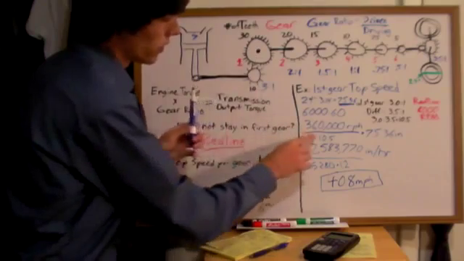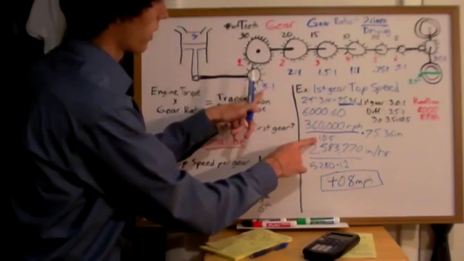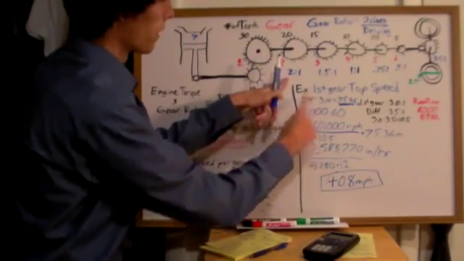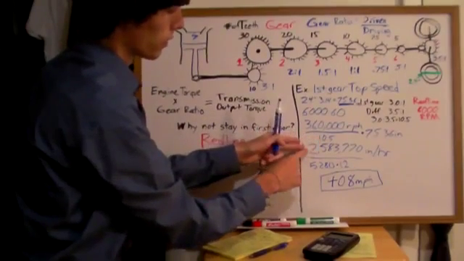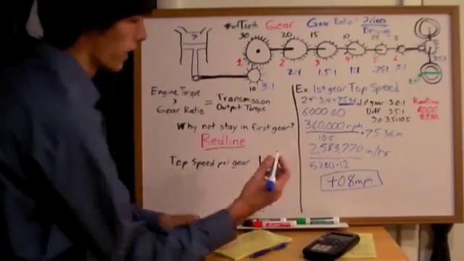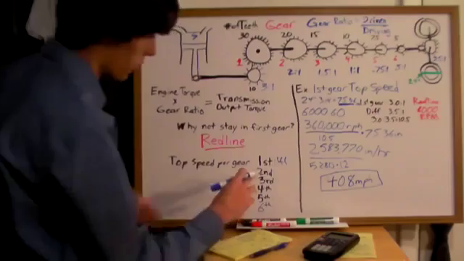By reducing this number right here, for instance, we've got a 3-to-1 times 3.5. Well, if we had a 2-to-1, 2 times 3.5, this will be replaced with a 7. This will make this a greater number, making this speed right here a greater number. I've gone ahead and done the math for all of these, so I'm just going to tell you.